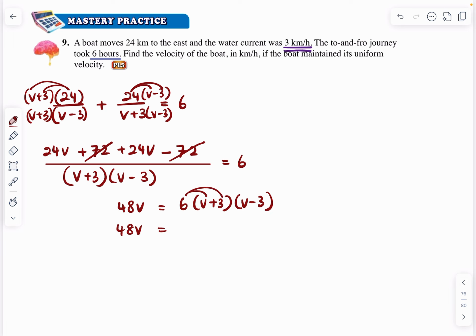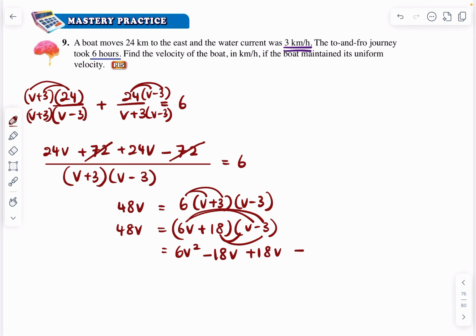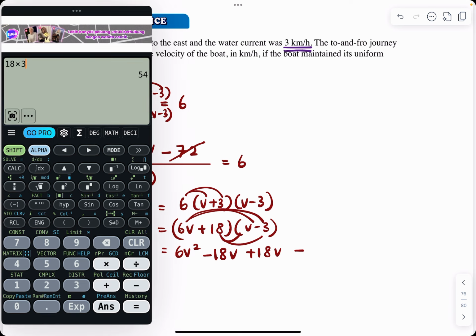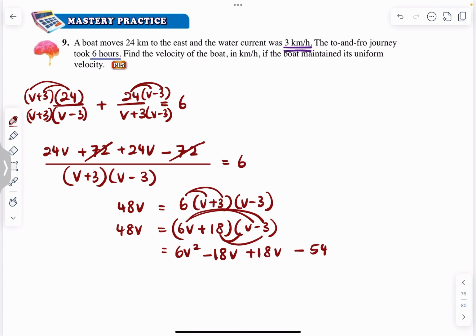Then we expand, so 6(v plus 3) times (v minus 3). 6v times v is 6v squared. Negative 18v plus 18v, and 18 times 3 is 54, equals 48v. Negative 18v, positive 18v cancels off, and then we bring this side.